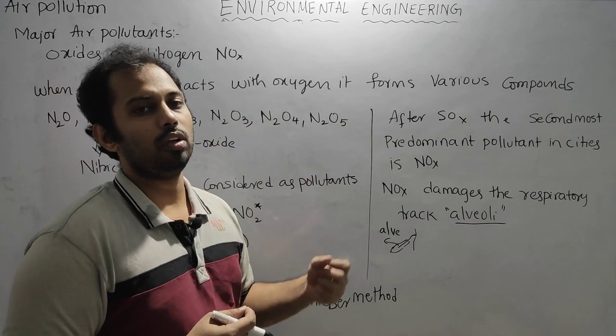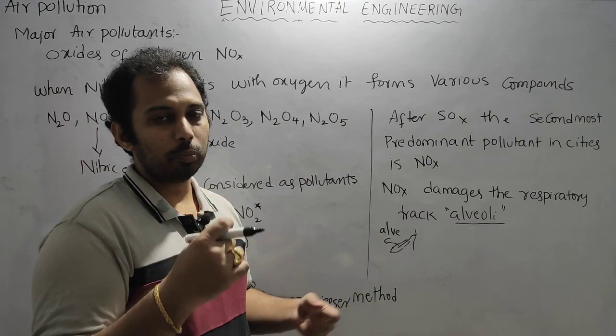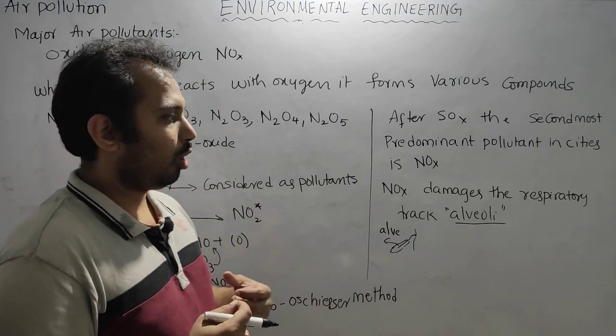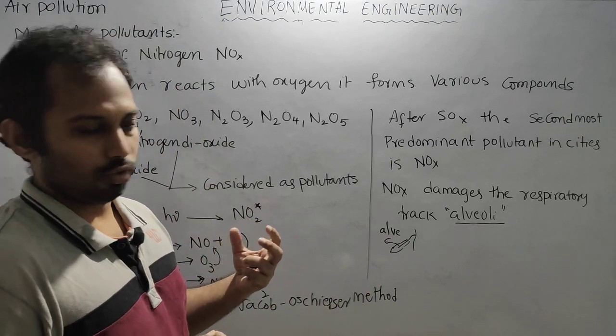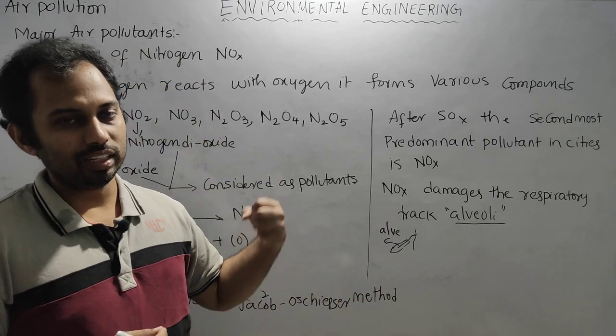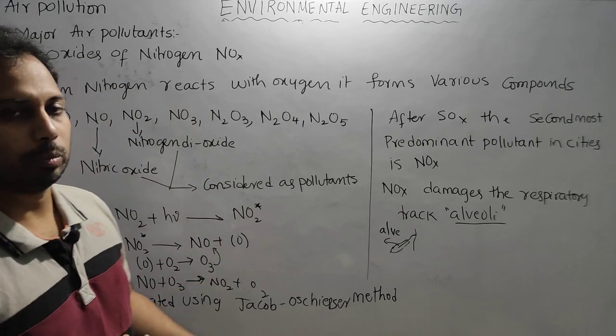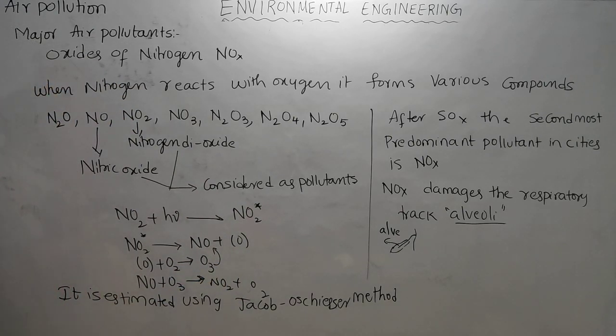Similarly, NOx has the same kind of effect. It clogs these porous spaces, which does not allow the air to enter. So the expansive and contractive nature of the alveoli gets disturbed and reduced, because of which you face respiratory problems and damage occurs to the lungs. So that is about the nitrogen compounds, NOx.